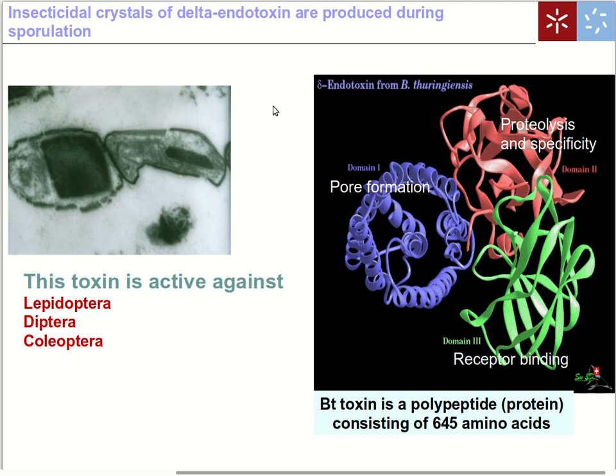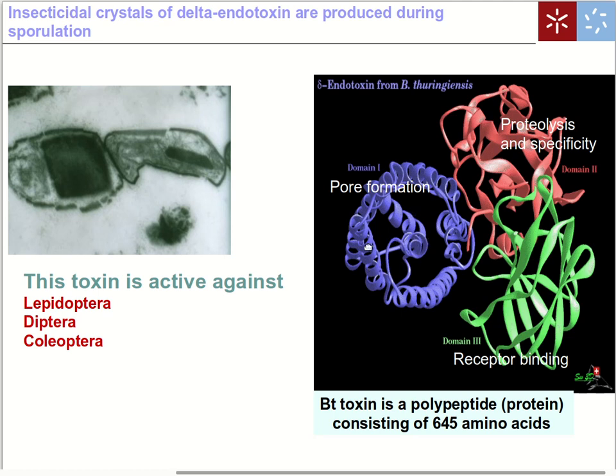The delta endotoxin is produced in the form of crystals during the sporulation of the bacteria. You can see here a spore with a kind of diamond-shaped crystal of the crystallized protein, really. And these toxins are, as I said before, quite specific, and they're active against several families of insects. The protein itself, the endotoxin, is quite interesting mechanistically.